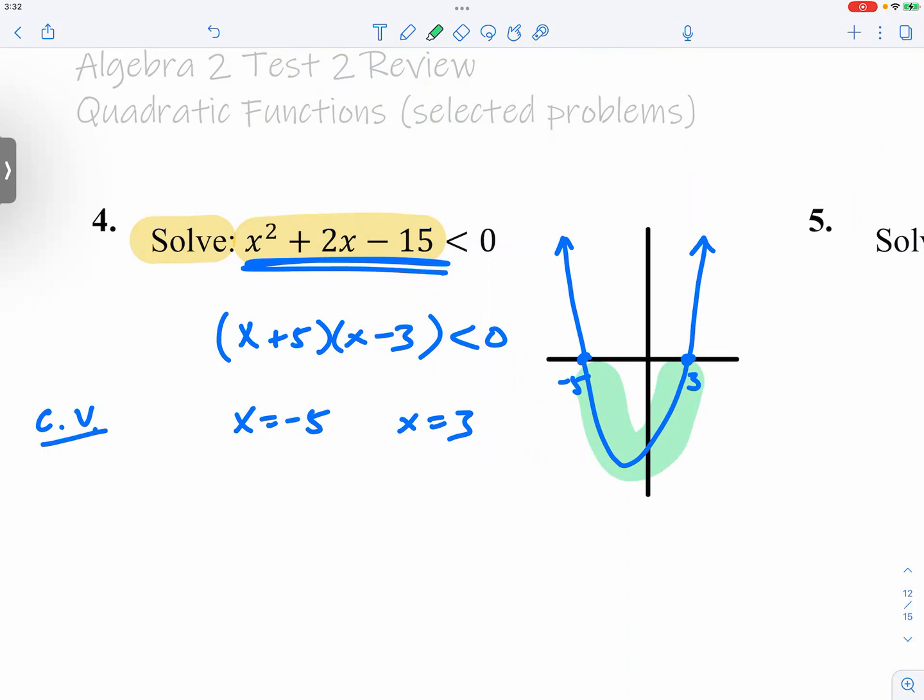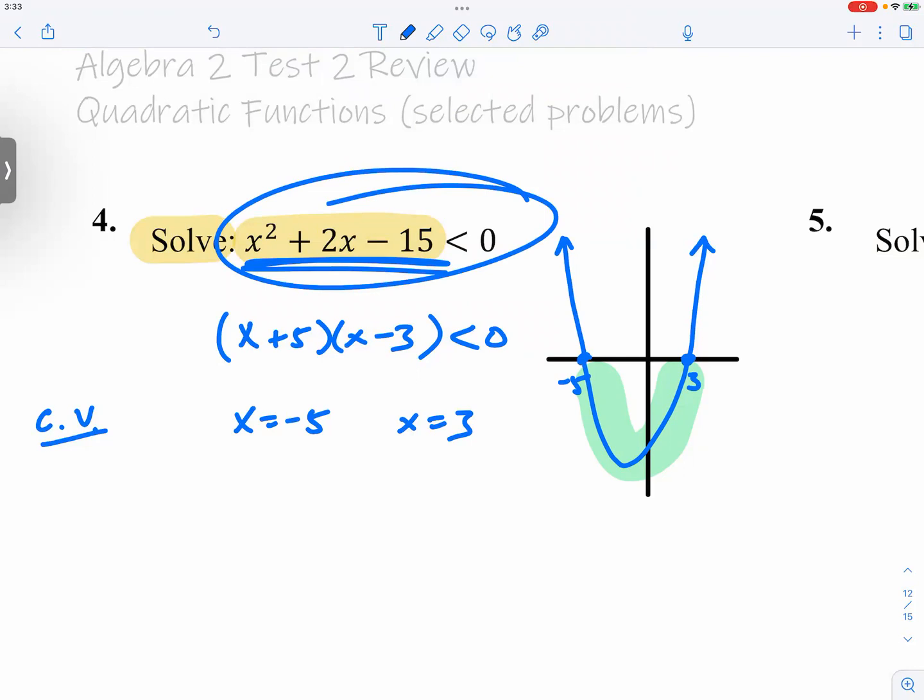That means if you have an x value somewhere between -5 and 3, it would result in a number that's negative, which is less than 0. And therefore, this whole statement will be true.